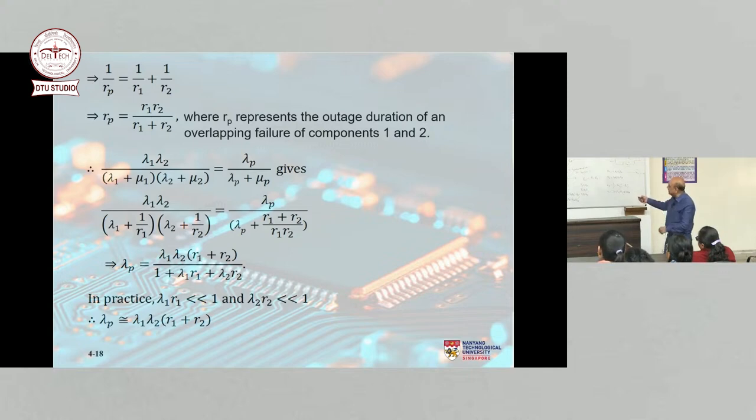Therefore I can neglect this, I can neglect this. So in the denominator I am left with only 1. And therefore lambda p is lambda 1 lambda 2 times r1 plus r2. Okay? So that is the effective failure rate of two components operating in parallel. And the effective repair time is r1 r2 over r1 plus r2.